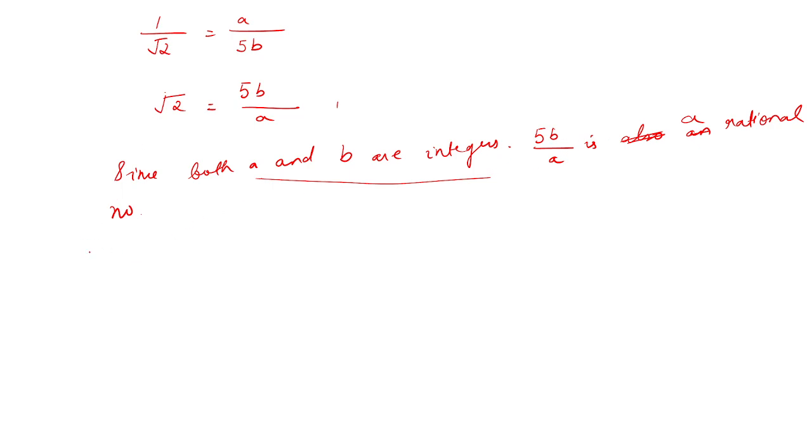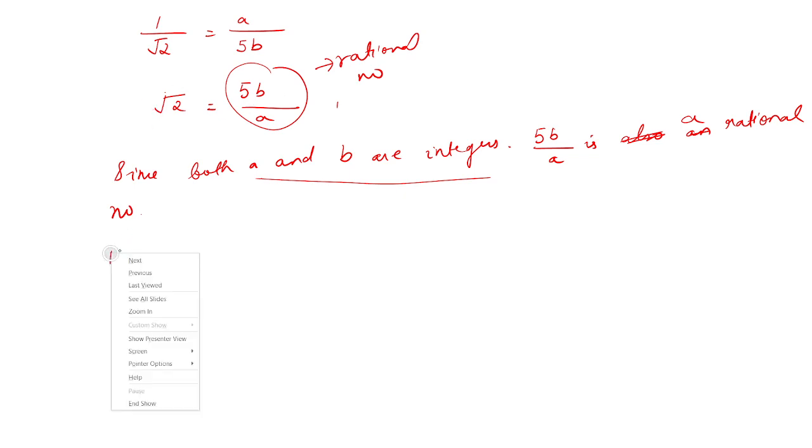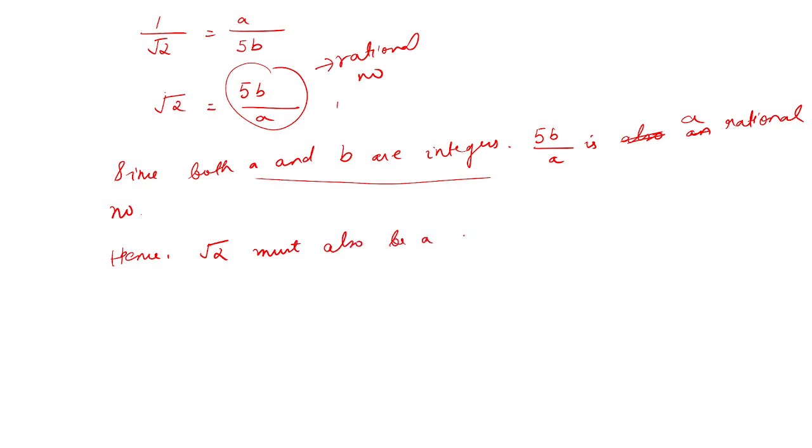So finally, you have that 5b by a is a rational number. Since 5b by a is equal to root 2, that means root 2 must also be a rational number. But we know that this is not true.